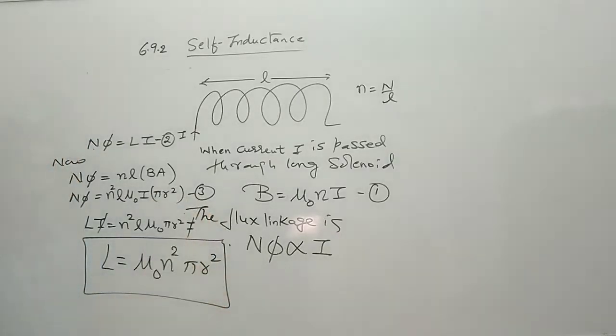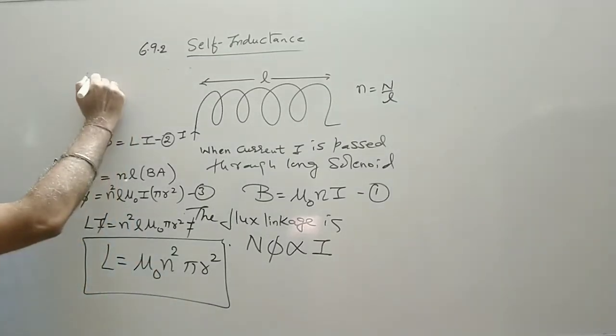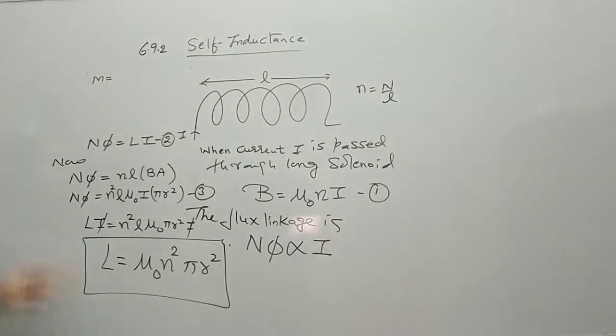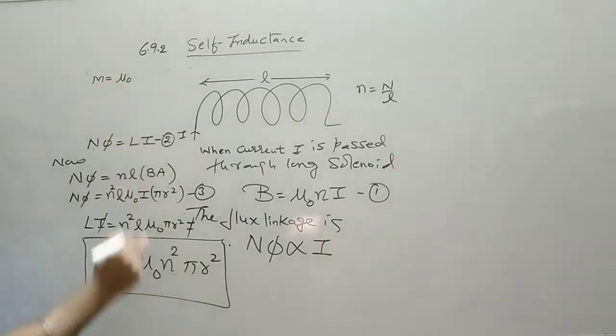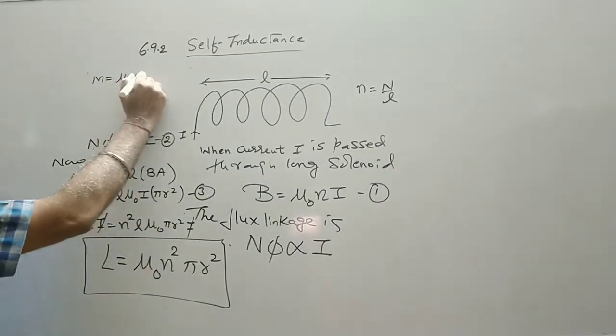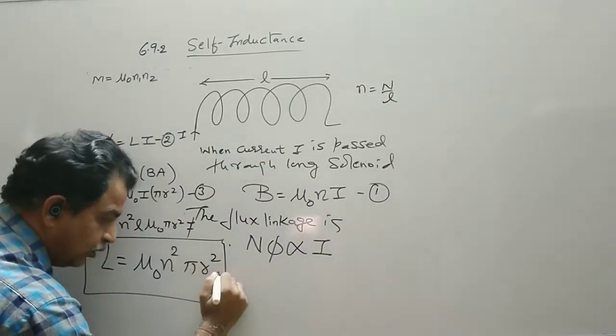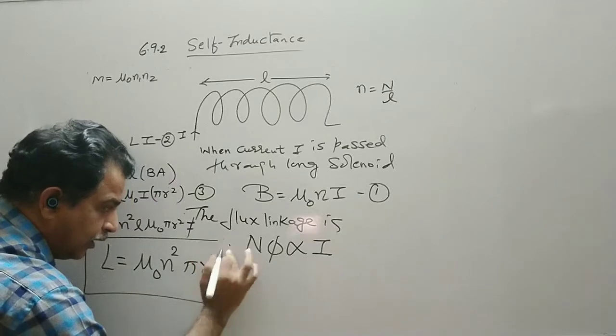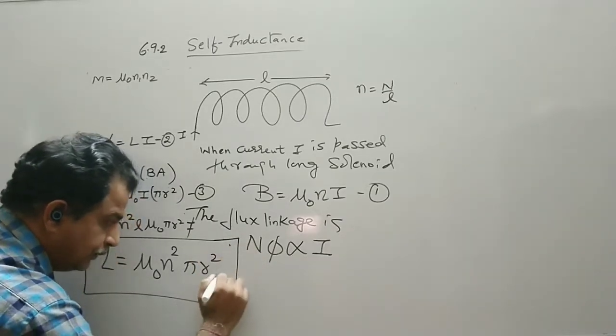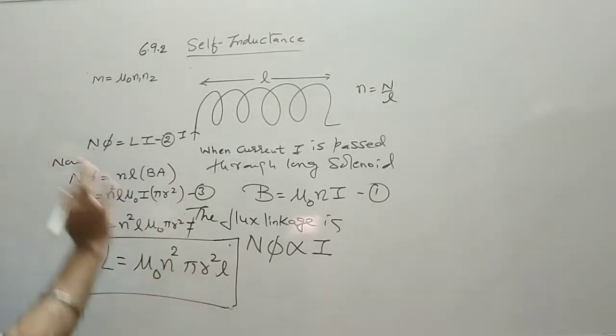This is the self-inductance of a solenoid, and if we remember the mutual induction for a system of two solenoids, it was mu naught, here it is n square, there it was n1 n2, L is left here, so we have the term length also, I is cancelled, other terms.